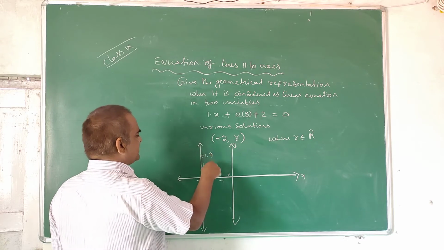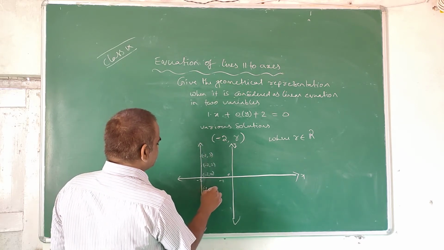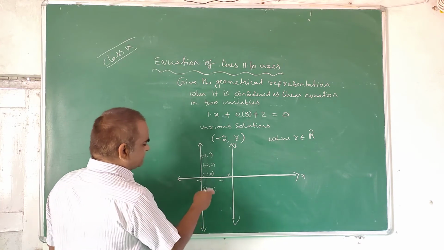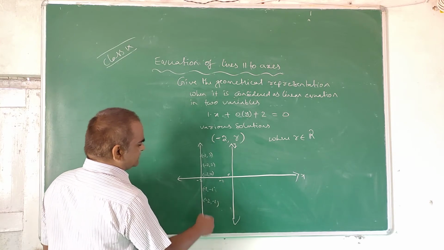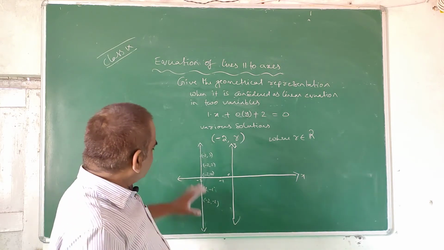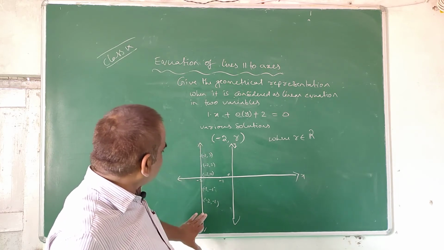Here it goes towards the downside, like (-2, -1), (-2, -2), but that x equal to -2 remains the same.